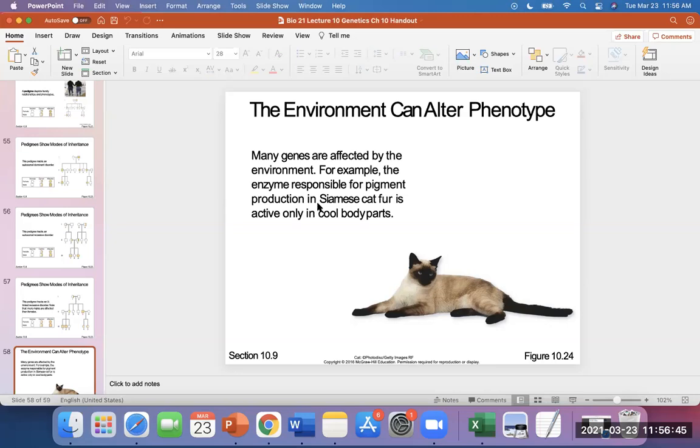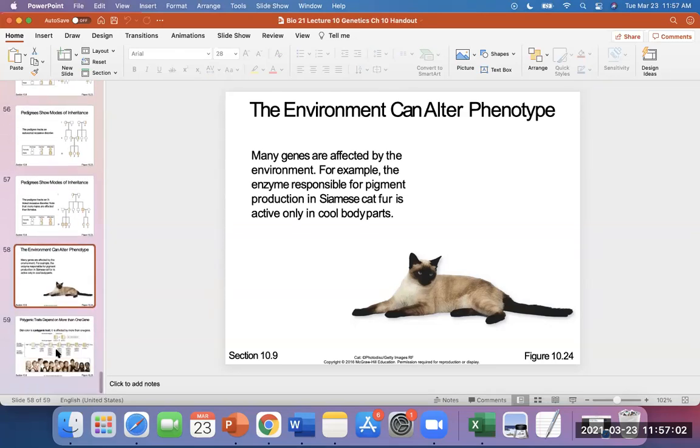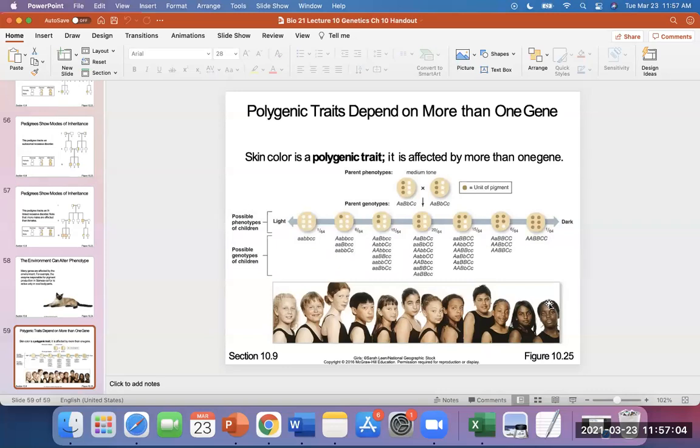Genic means gene. It's when the phenotype is affected by more than one gene. One phenotype is affected by more than one gene. The example I gave you was skin color. Another one would be eye color. You have lighter skin color, dark skin color, and everything in between. Same thing for the eyes, you have multiple colors because there are multiple genes controlling that. That's chapter 10.